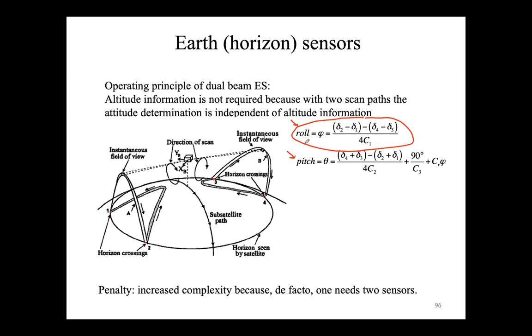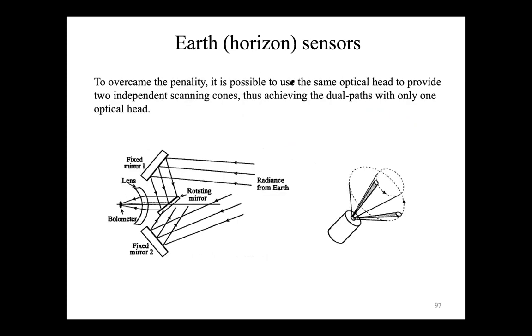However, as I said, you want to avoid multiple instruments on your spacecraft. So you want to minimize the number of instruments in your spacecraft payload or your spacecraft instrumentation deck.